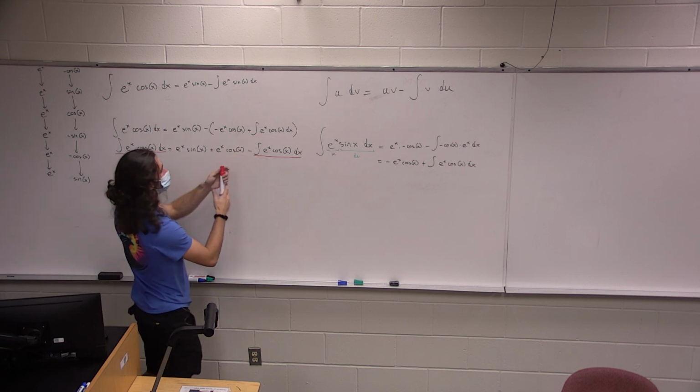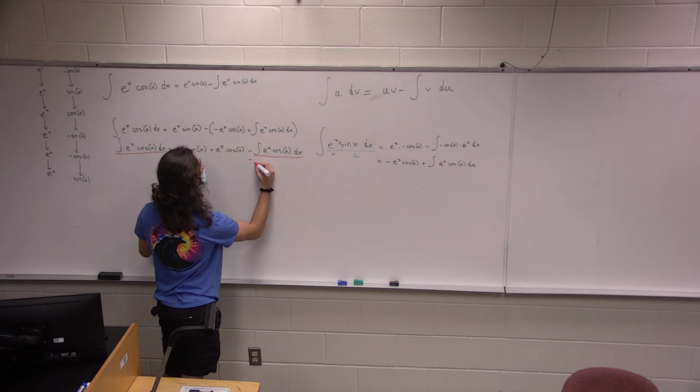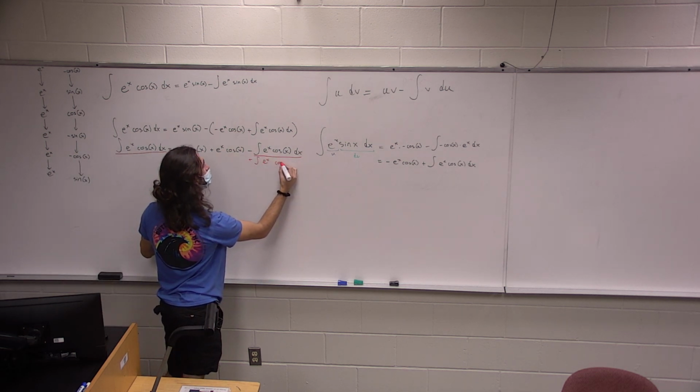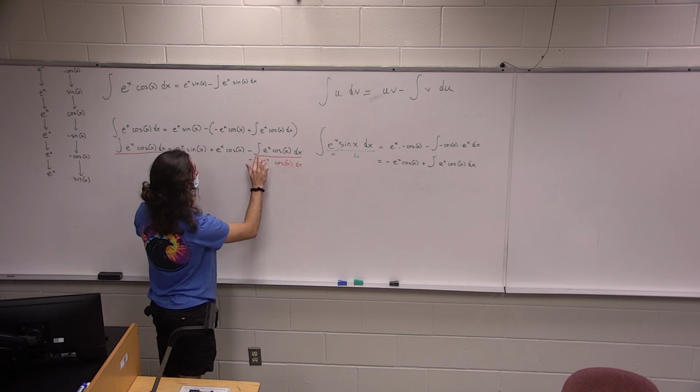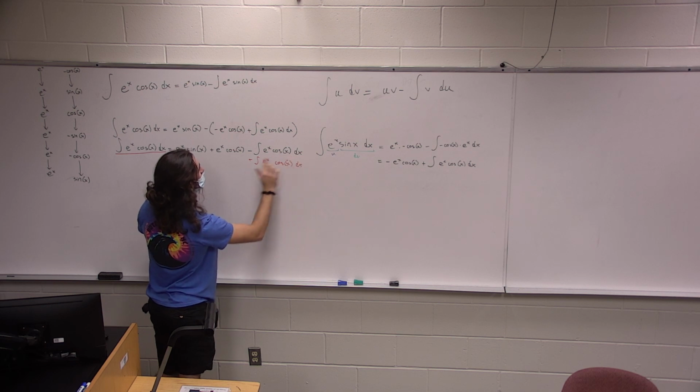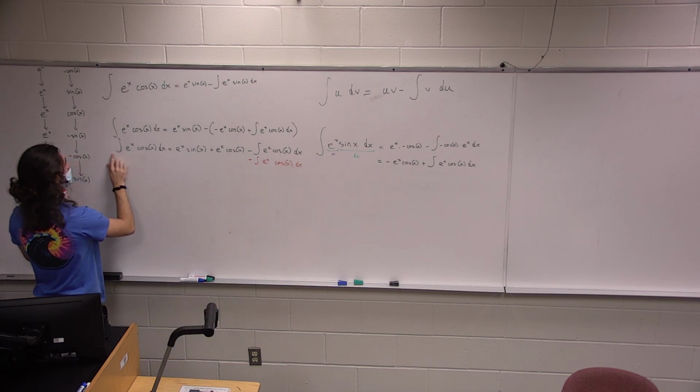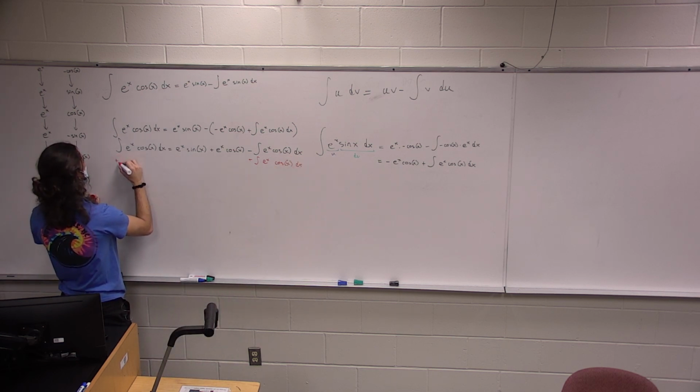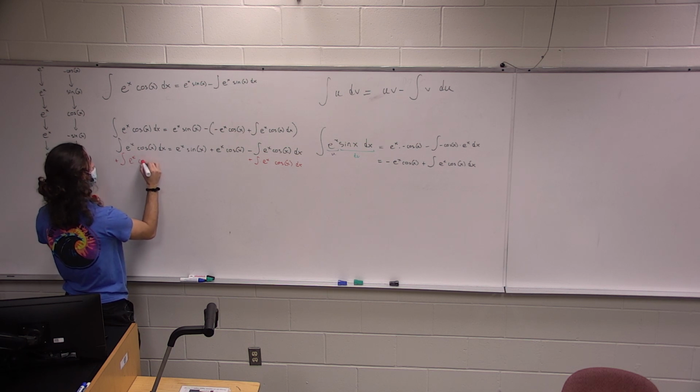So what I could do is add it to both sides of the equation. I don't mean division. I observe that it's on both sides and it's negative on that side, so I'm going to add it to both sides of the equation here.